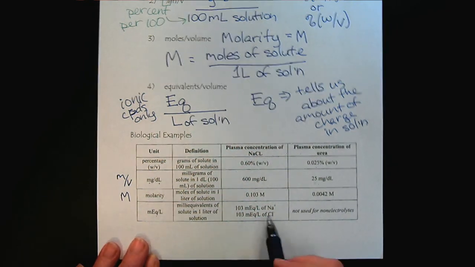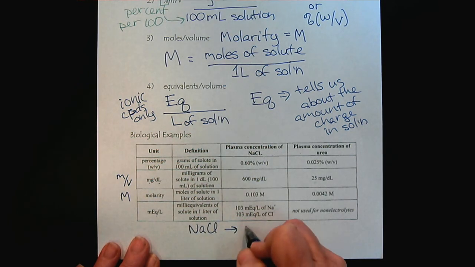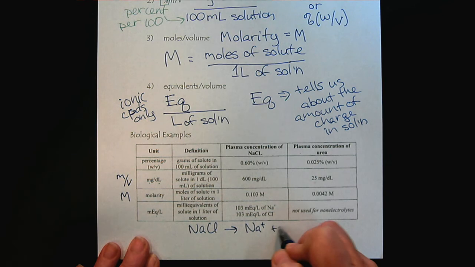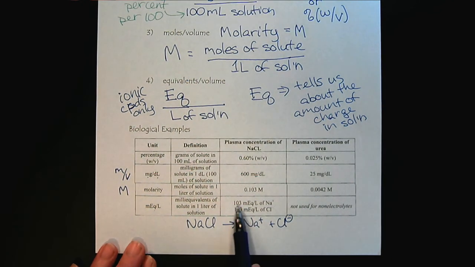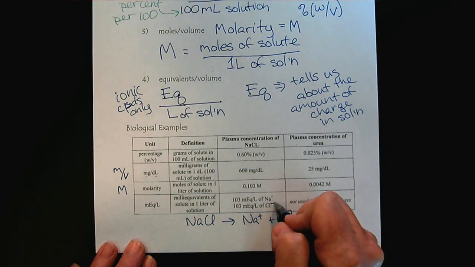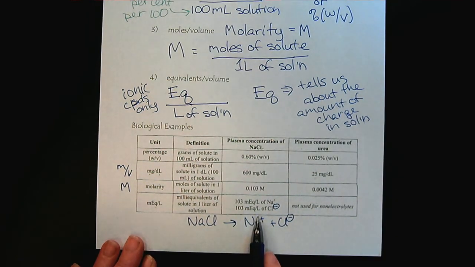Sodium chloride dissociates into one sodium ion and one chloride ion. So the sodium ions would create 103 milliequivalents of charge, and the chloride ions would contribute 103 milliequivalents per liter of charge.